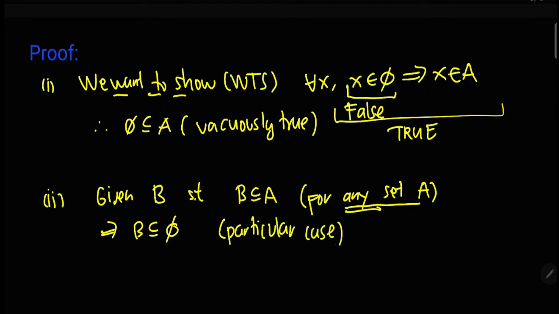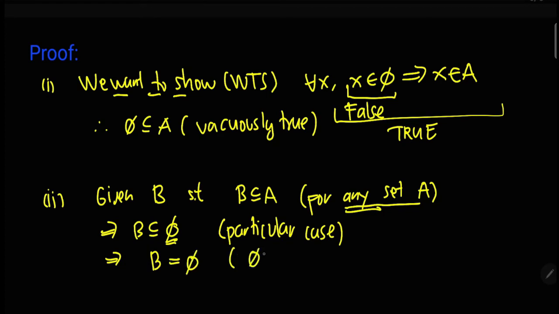But since this is empty, it contains no other subset but the empty set. The empty set contains nothing. So its only subset is the empty set itself. So therefore, B is the empty set.